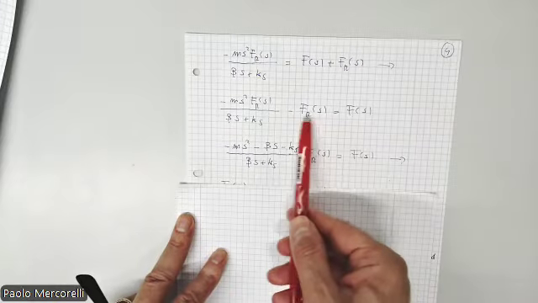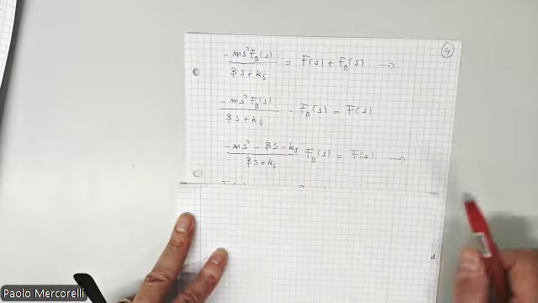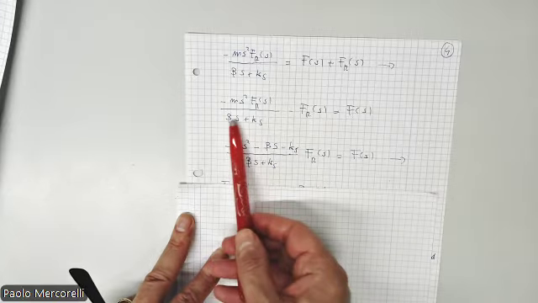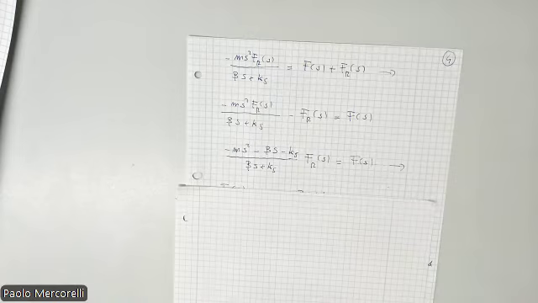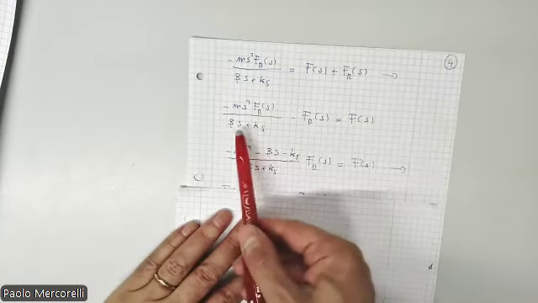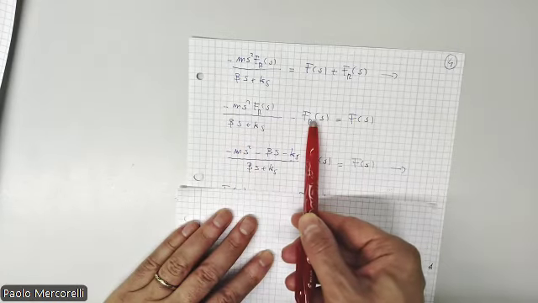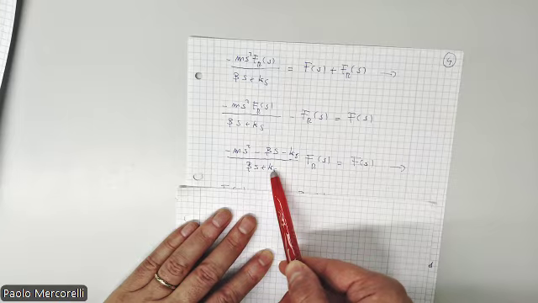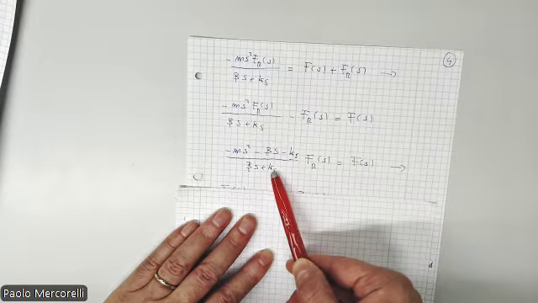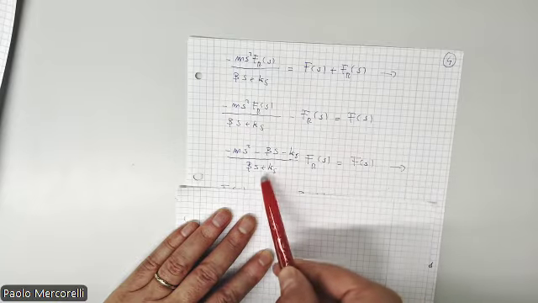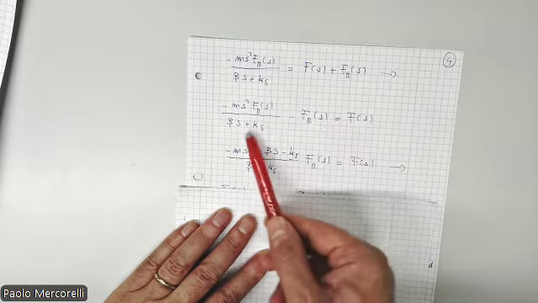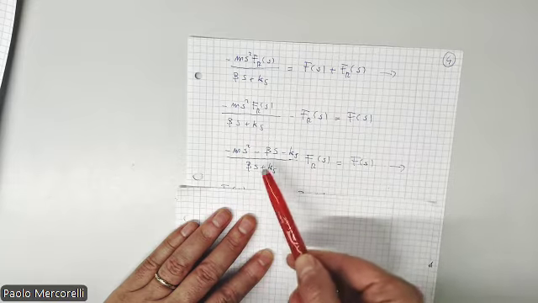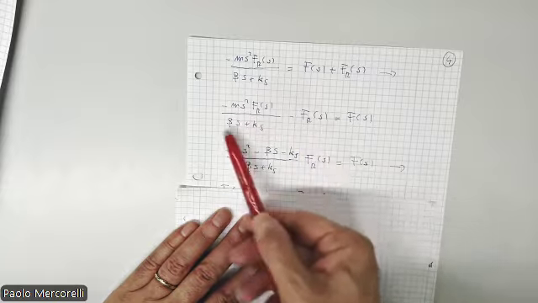Then I can put this in evidence. But of course, before putting it in evidence, I multiply by the denominator of this. I don't know if you can recognize what I did from here to here. If you consider this numerator divided by this denominator, I have exactly what I have here.